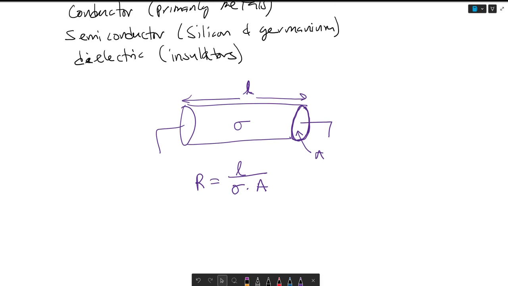So essentially, you're multiplying your conductivity by the area A, and since conductivity is the inverse of resistivity, you put 1 over that, and then multiply it by the length L to get the full resistance.